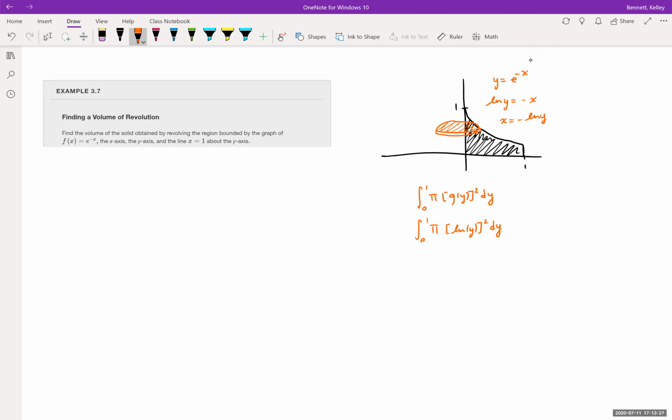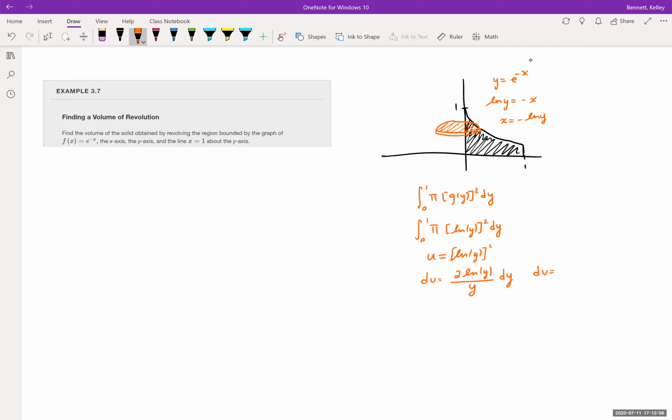So this is an example of just exploring the problem. I don't know where this is going to end up. It's so exciting. So if u was, let's say, ln of y squared, then du would be 2 ln y over y dy.